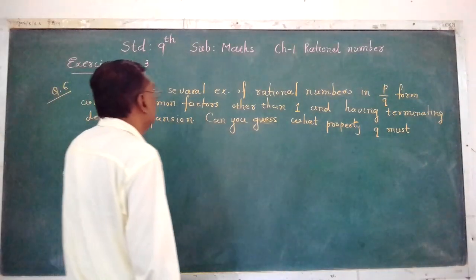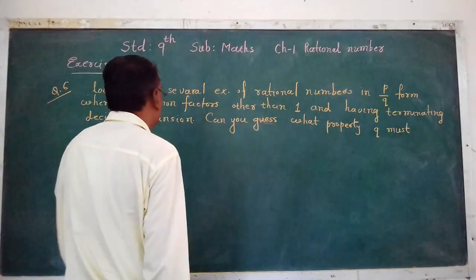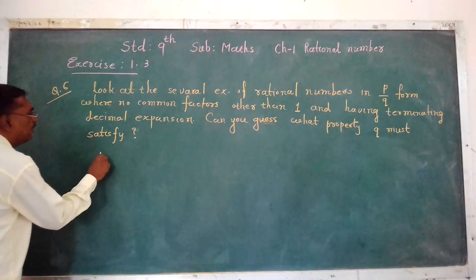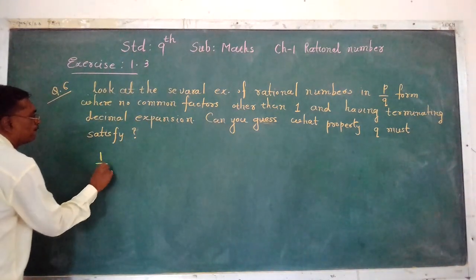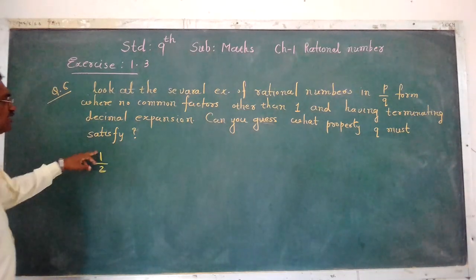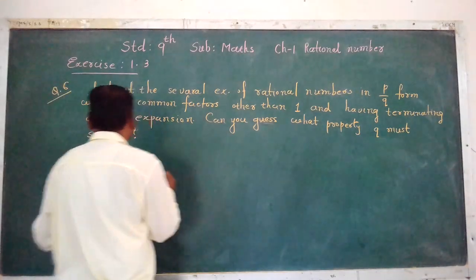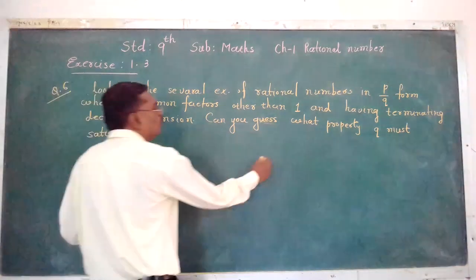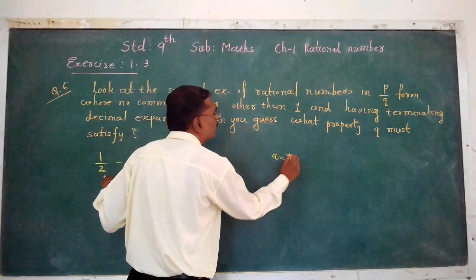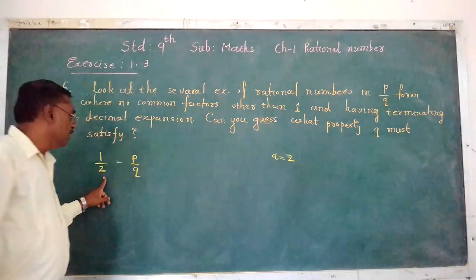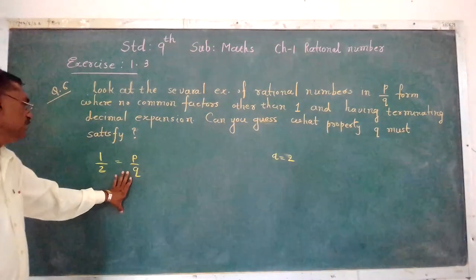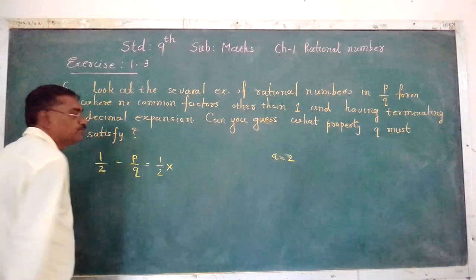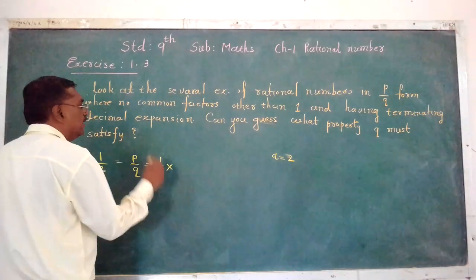Now we can start with several examples of p upon q. Suppose we take 1 upon 2. This is p upon q, where q equals 2. Now to make a terminating decimal expansion, we need 10, 100, whatever.